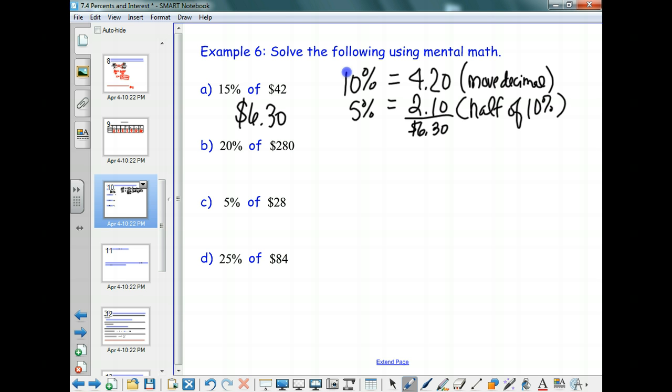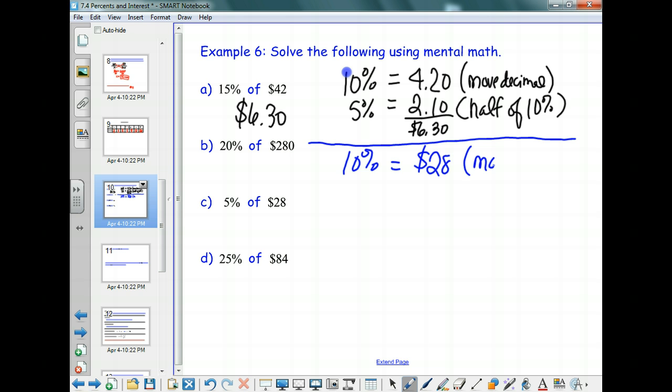20% of 280. So how could you figure out what 20% of a number is? 10% twice. Either do 10% and add it to itself, or do 10% and multiply by 2, right? Okay, so what is 10% going to be? 28. So the 10% is 28.